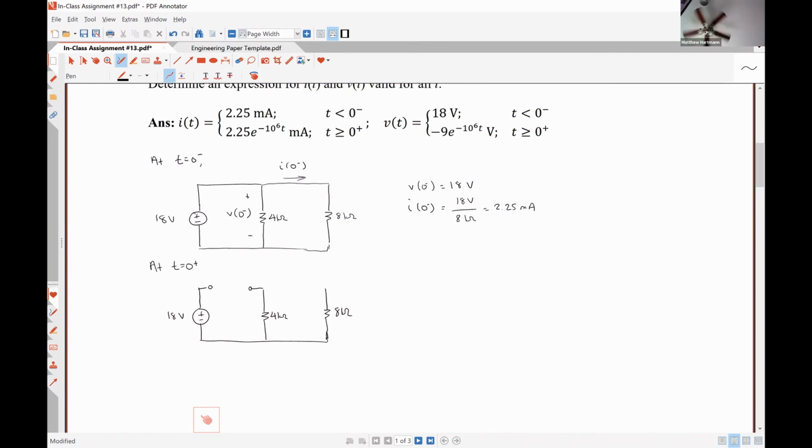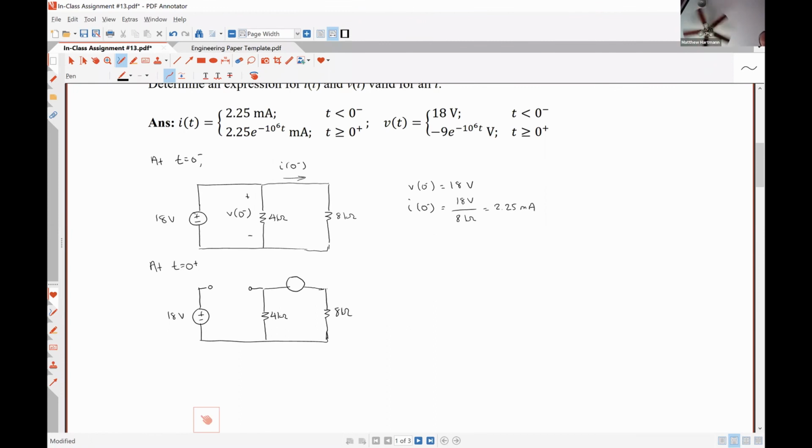So since the inductor is carrying a constant current at this and only this instant of time, and the voltage drop over the inductor will be whatever it needs to be, I'm going to model the inductor as an independent current source, because it's supplying a fixed amount of current and the voltage is whatever it needs to be.